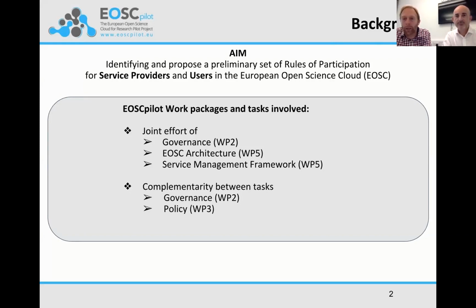And there's obviously a lot of complementarity about the rules of participation and the overall governance and business models work of work package 2, as well as the work that's being done on policies in work package 3. So although we've been leading this task, we have had a lot of input from colleagues in other parts of the EOSCpilot project. And later on in a moment, I'll also set out some of the external input that we've had through the various consultations.